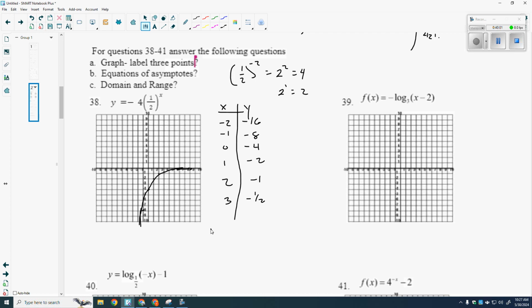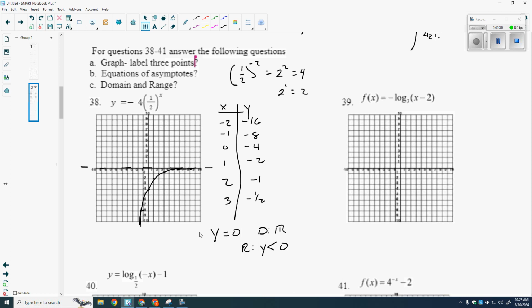Equation of asymptote: y equals 0. The x-axis, y equals 0, is my horizontal asymptote. Exponential graphs have horizontal asymptotes. Logarithm graphs have vertical asymptotes. Domain. Eventually going to hit all real numbers. Range: y is less than, not equal to, 0.